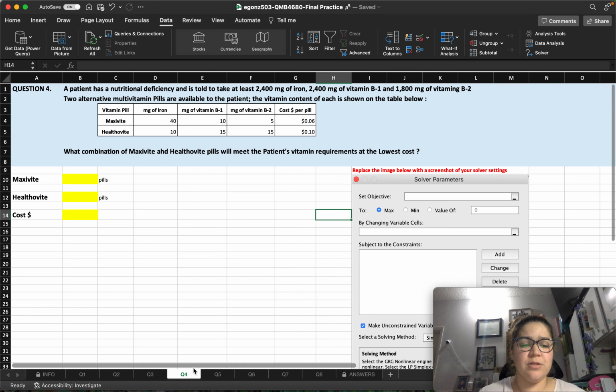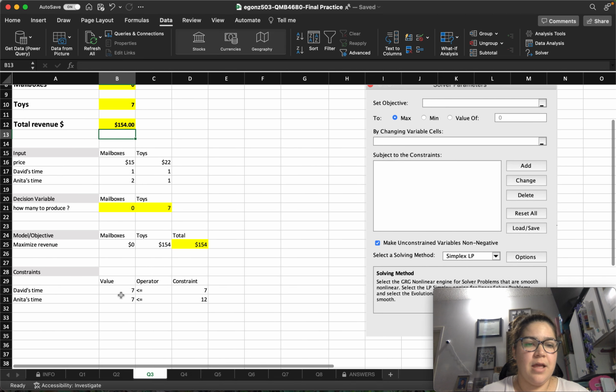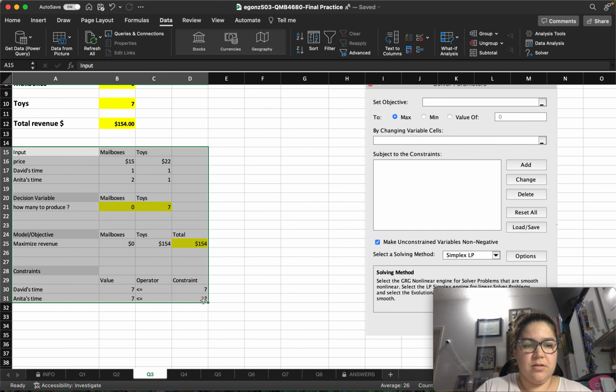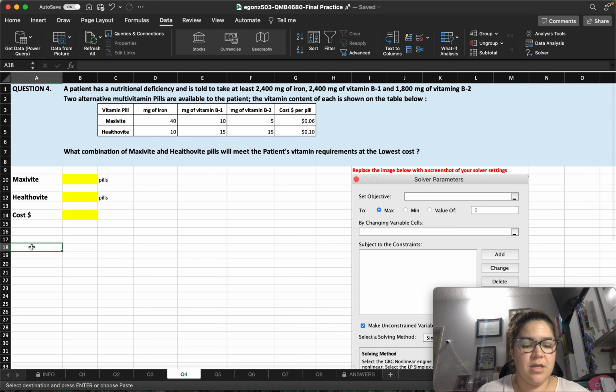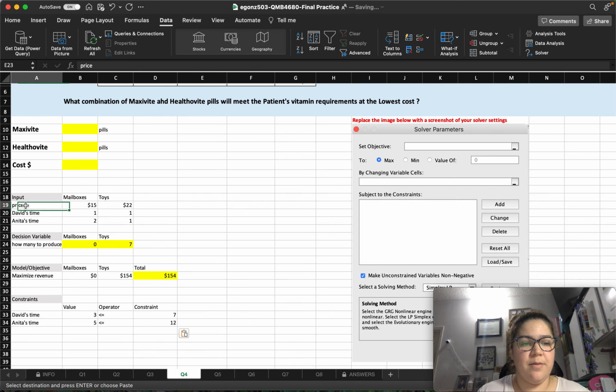So we're going to do the little template. Since I did it here for question 3, I'm just going to go ahead and copy it. So Command C because I'm on a Mac, otherwise Control C, and then Command V, because it's going to be pretty much the same thing. We're just going to change the contents of the table, right?